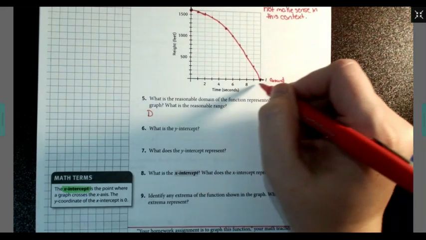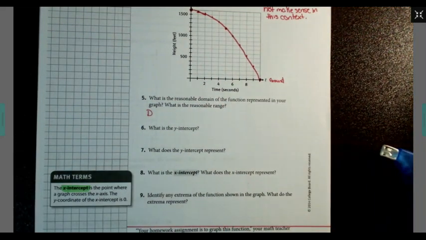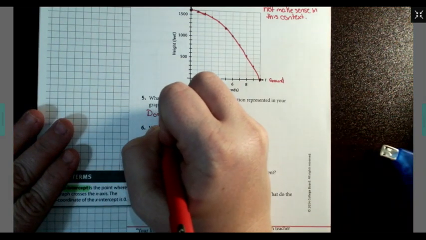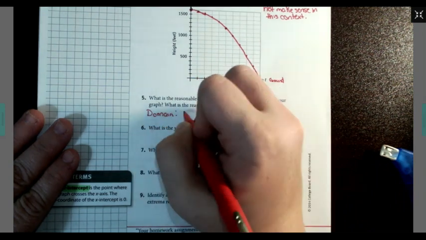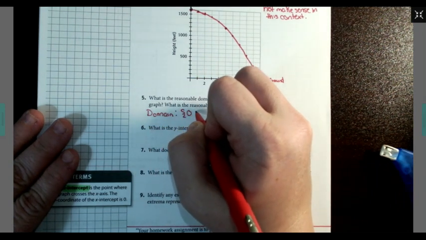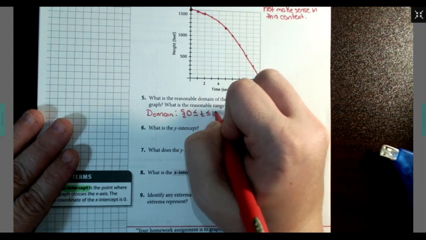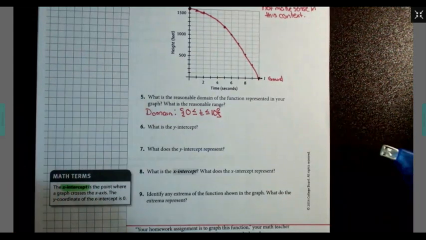When it hits here, it's hit the ground. Does it make sense for it to keep going past when it is at 0 feet above the ground? No. So my domain goes all the way from 0 to 10, both included. At 0 seconds, we're at the top. At 10 seconds, the ball has just hit the ground.